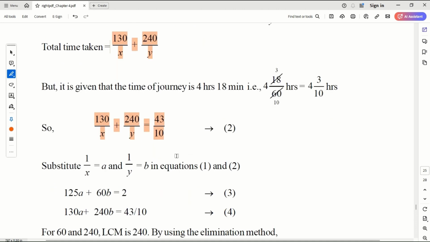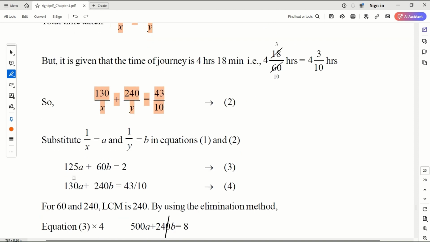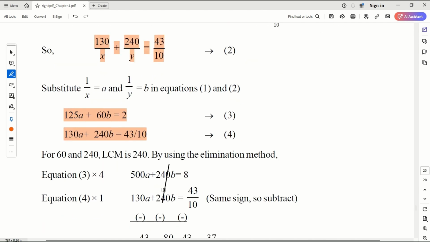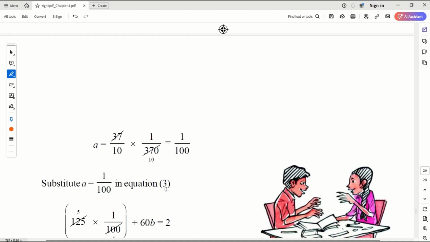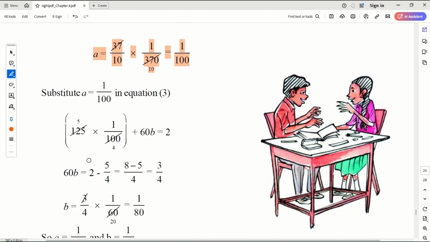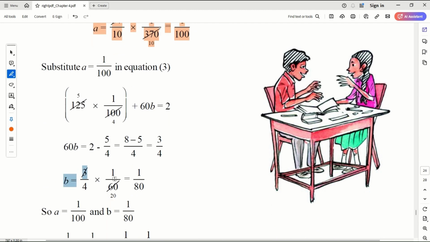Now looking at these two equations, let's define two more variables, 1 by x equal to a, 1 by y equal to b. The equations become 125a plus 60b equal to 2, and 130a plus 240b equal to 43 by 10. Now use the elimination method to solve for a and b. a is 1 by 100, and b is 1 by 80.